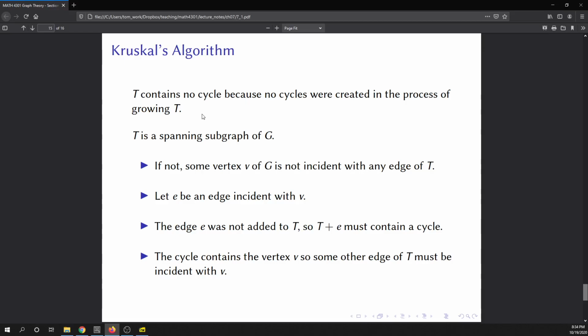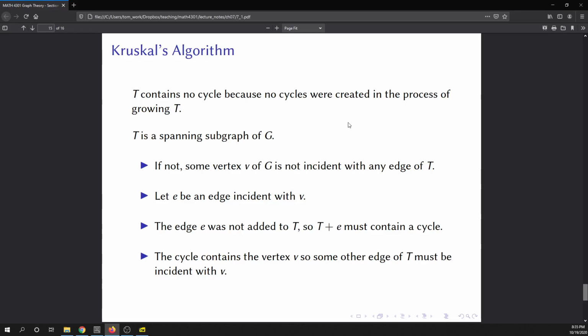So the first part is that the tree that we result in, when we stop, contains no cycle. And that part is pretty obvious, because if there's going to be a cycle, we just don't add the edge in. So no cycles are created at all. We're very explicit about that when we go through.